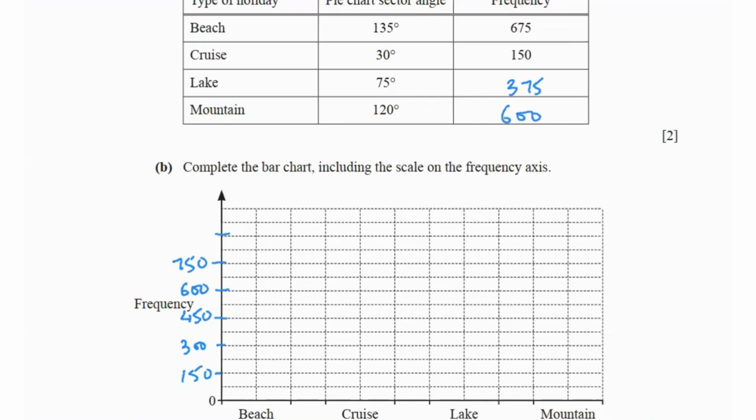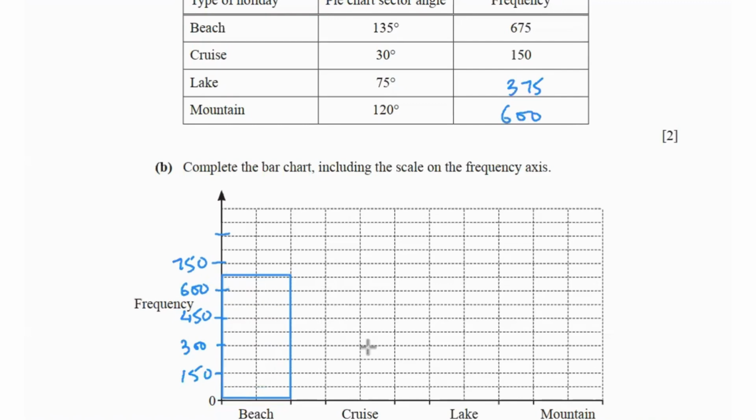So for beach, the value is 675, because 750 plus 600 divided by 2 is 675, the middle value between 600 and 750.